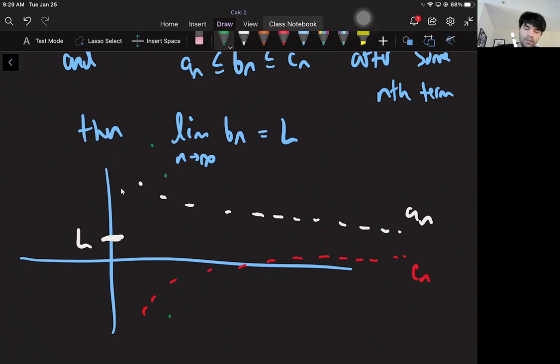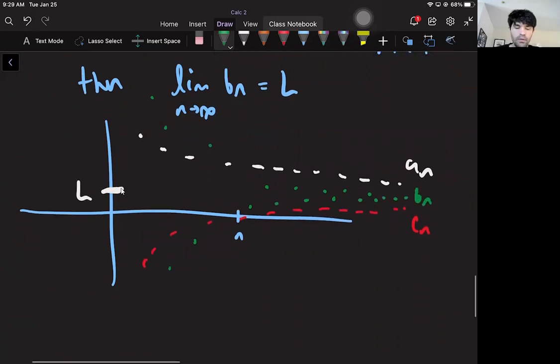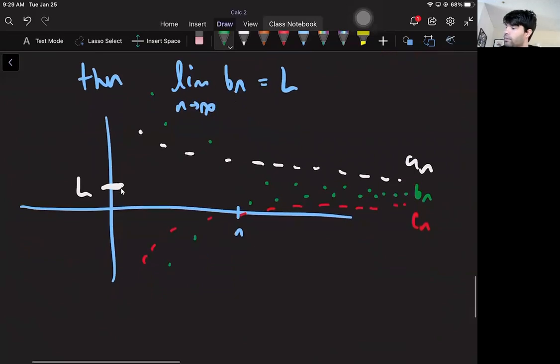So these are the B's. Maybe they're outside. But as long as you pass some nth value, after that point, they're between the other two always, then you know that the Bn's also have to go towards L. That's the visual for it.